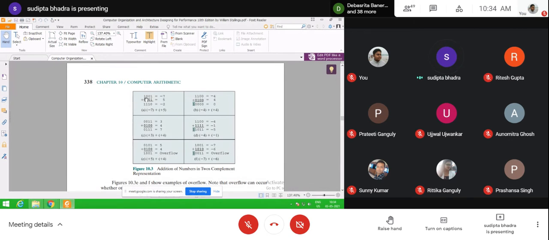The numbers are represented in 2's complement form, and the addition is done as normal binary addition, so we get a particular result. Here you see that -5, -7 and 5 will give you a result 1110. So 1110 is what? 1110 is -2. Why -2? Because it is a 2's complement number.